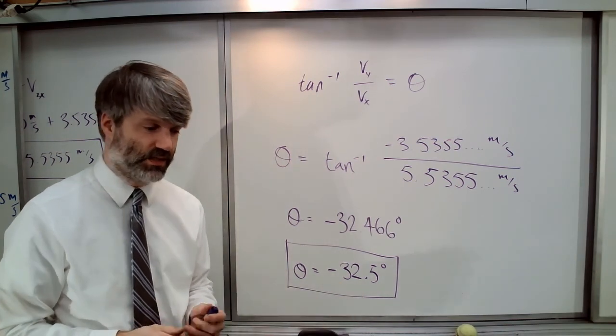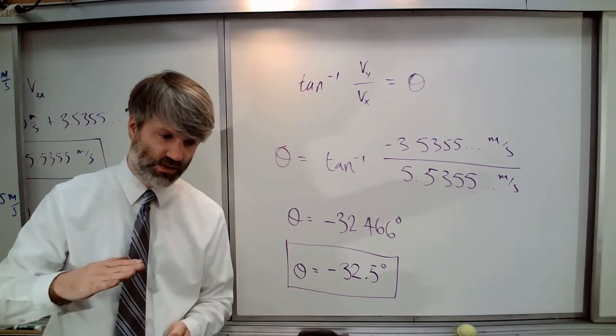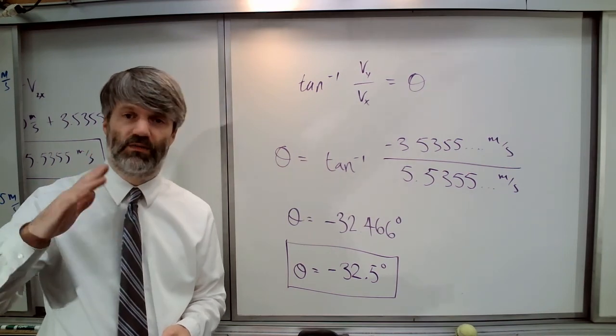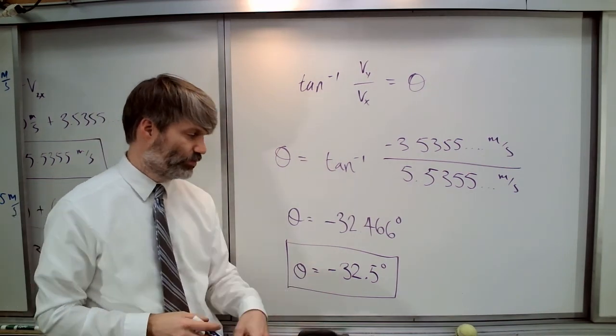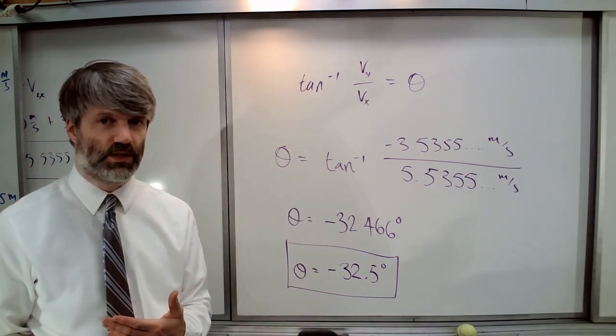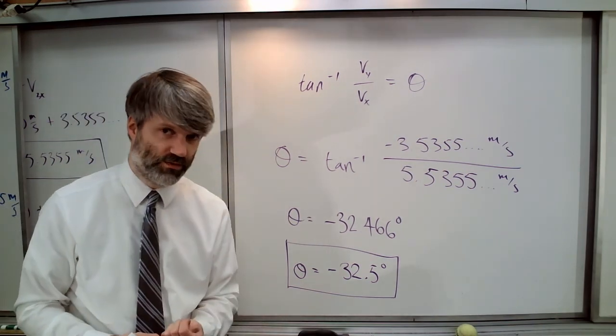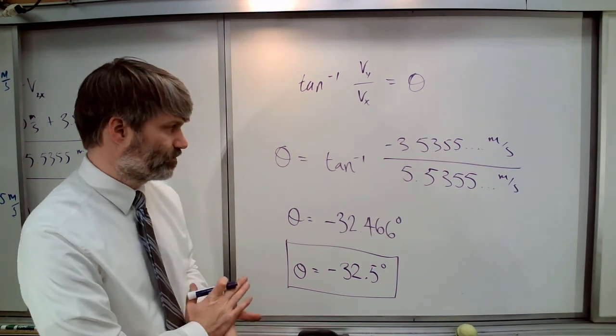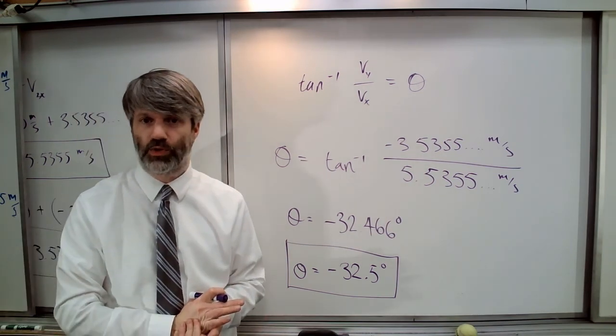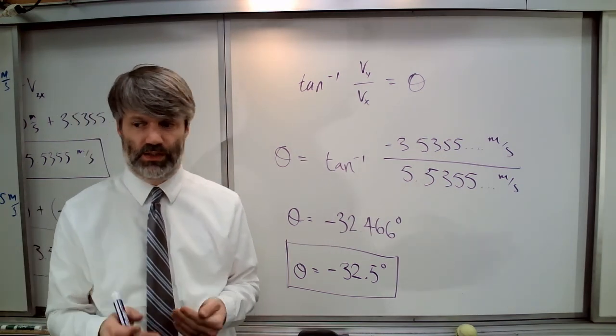You would have to say it is 32.5 degrees above the negative x-axis, or you would have to have 32.5 degrees to 90, so it would be 192.5 degrees. Sorry, 122.5 degrees there. So just pay attention to how you report your value and what quadrant your vector would actually be in.